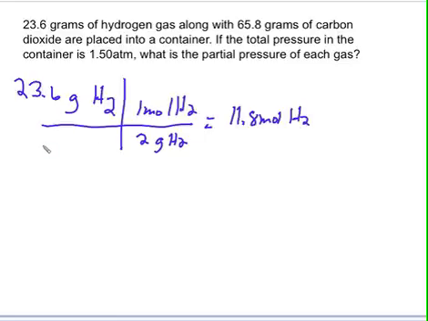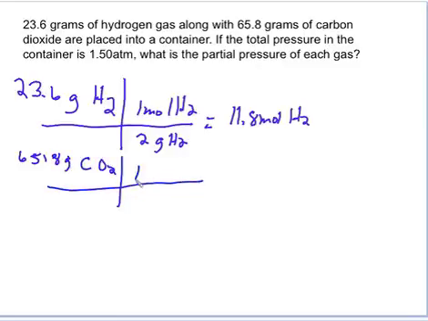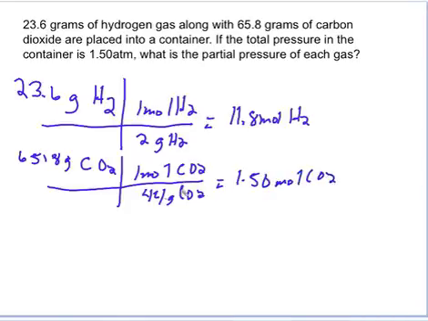Then you'd have to do the same thing with the carbon dioxide. So 65.8 grams of CO2, and you'd have to change it to moles. So 1 mole of CO2 roughly equals 44 grams of CO2, and that equals, let's see, around 1.50 moles of CO2. Now, once you know the moles, it's just like the last problem. So you take the pressure to get the pressure of whatever gas you want.